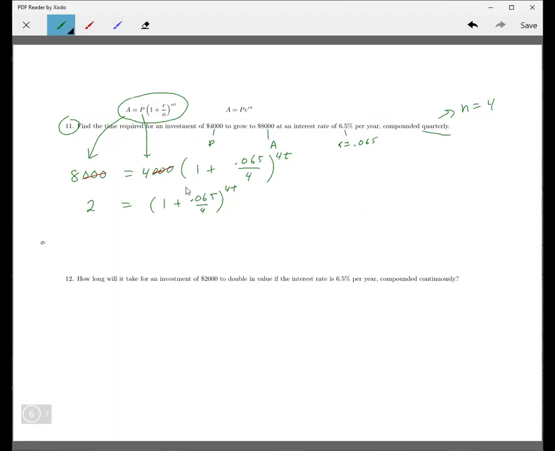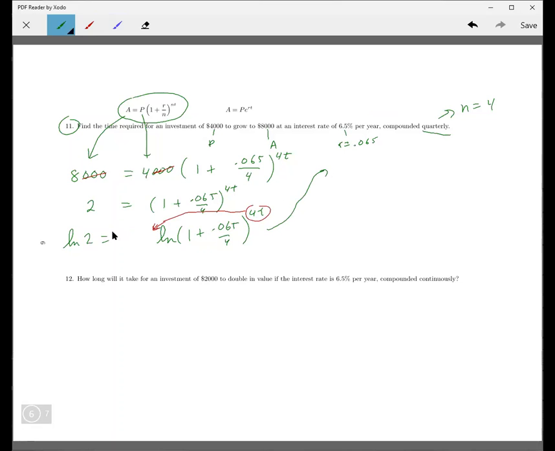So what you want to do now is take the natural log of both sides. It's just solving an exponential equation. This is going to go down in front. Let me switch sides.